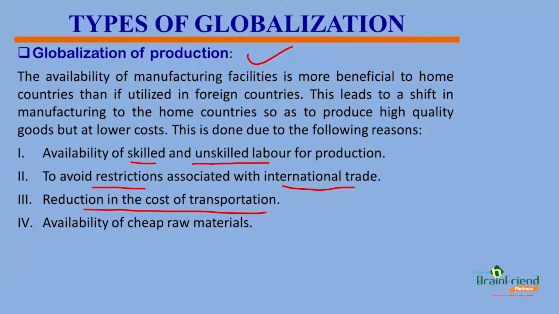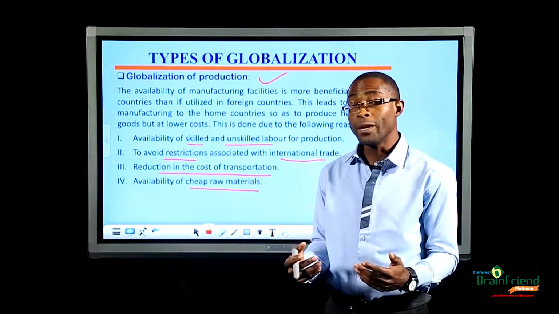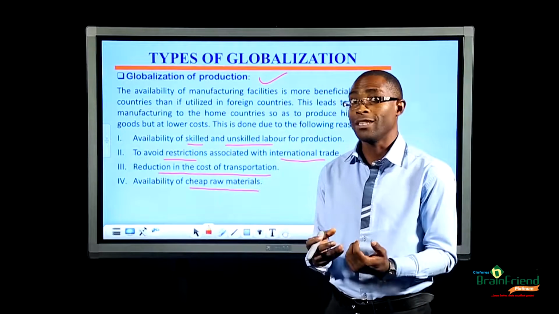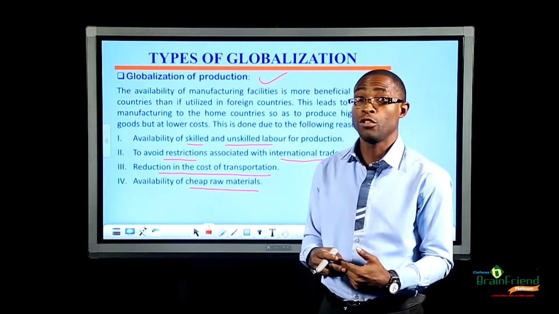And lastly, for this class, it is done because of the availability of raw materials. Like I mentioned before, it is cheaper, it is economical for you to locate your industry where you have your raw materials or where you can actually get them at a cheaper rate.